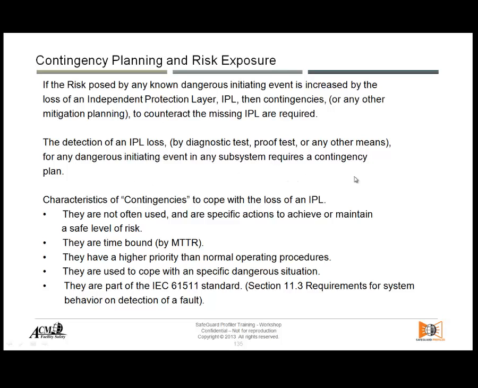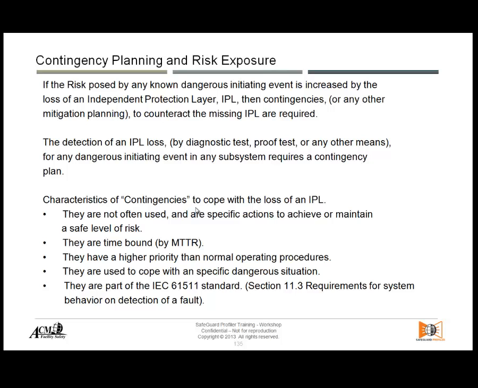As for the detection of independent protection layer loss, it doesn't matter how you detected the loss. As soon as you realize that it's not there, then you have to come up with the contingencies. So you could need a contingency plan. What are the characteristics of contingencies that are there just to cope with the loss of an independent protection layer?